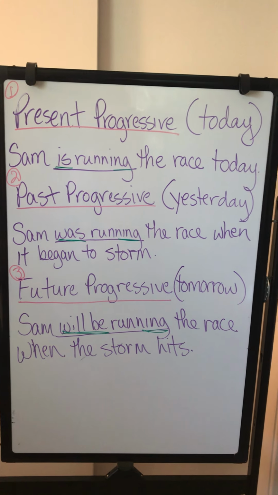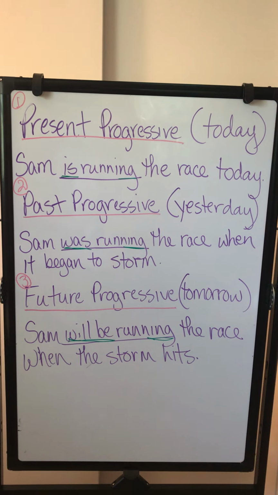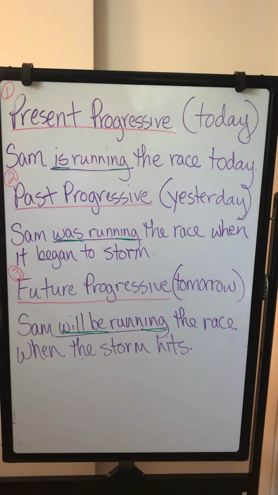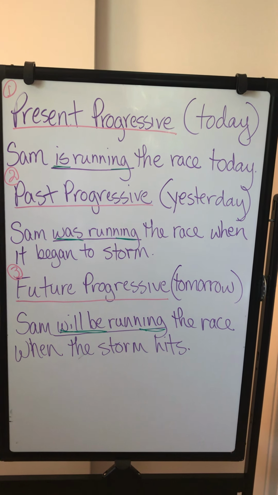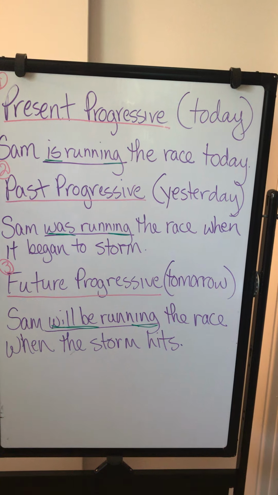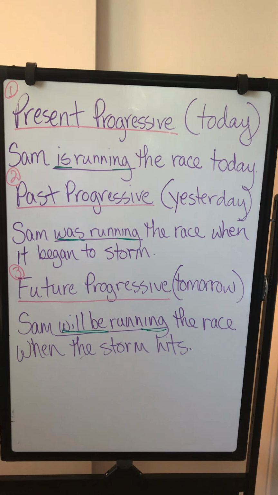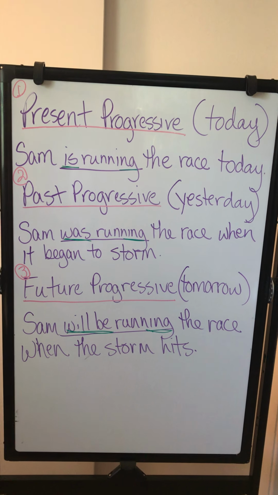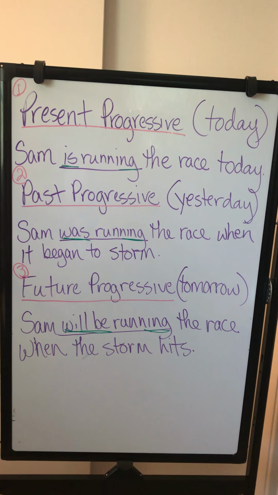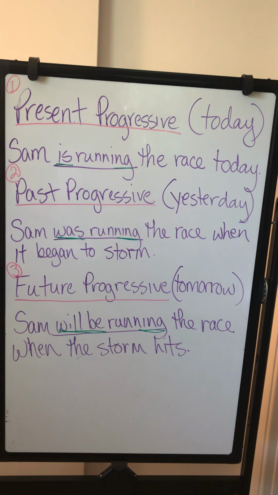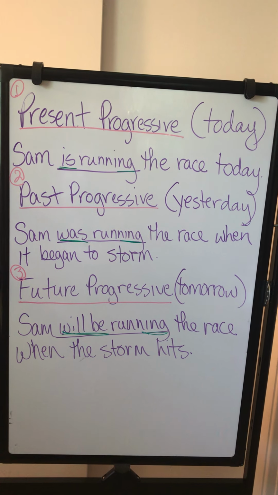Now the past progressive of that exact same verb means that this happened yesterday. So you're trying to refer to it in the present moment of yesterday, which I know is confusing. The sentence would be, Sam was running the race when it began to storm.